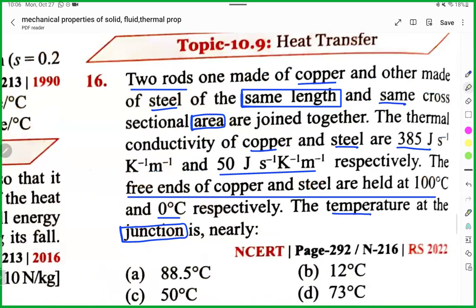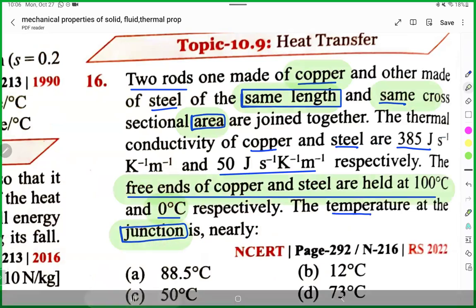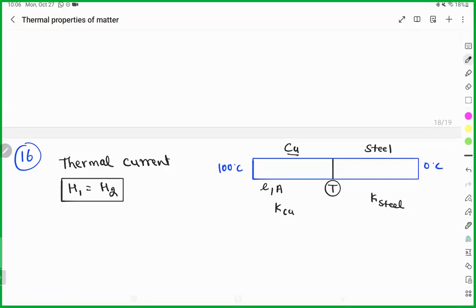Look at this. Two rods, made up of copper and steel, have the same length, same area, joined together. Thermal conductivity of these are given. Free ends of copper and steel are held at these two extreme temperatures. You have to find the temperature at the junction. And what you are actually doing is calculating this temperature T. Okay. In this case, heat current will be the same because there is the same length and same area.